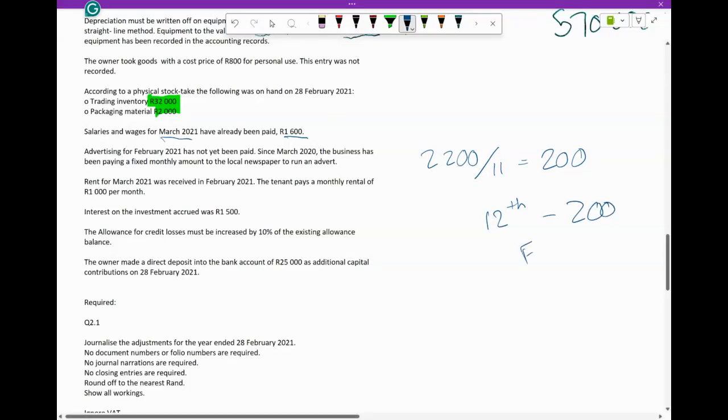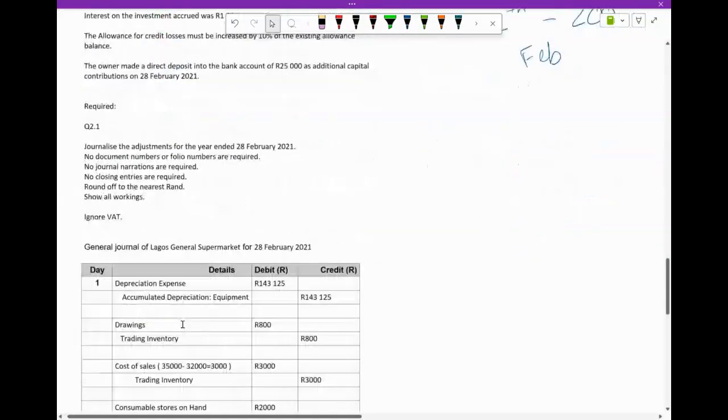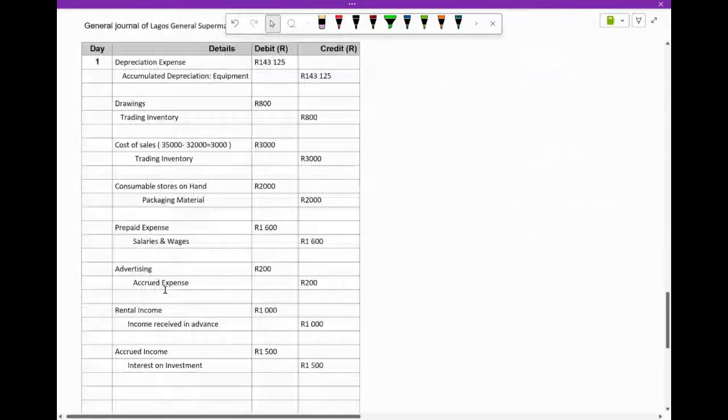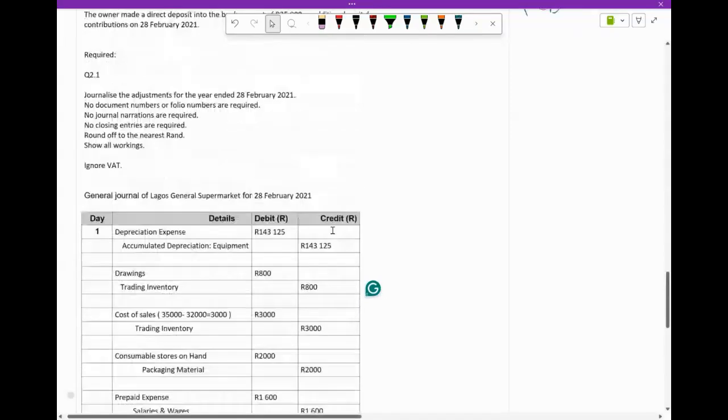In other words, February. Okay, I think I've made the point there. Let's continue. So there you can see advertising, increasing that expense by 200, and then obviously accrued expenses is affected, and that's a current liability. That's why we're crediting. Okay.